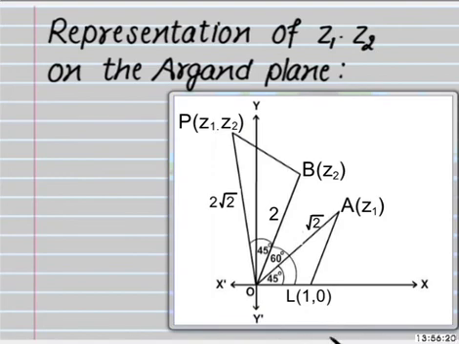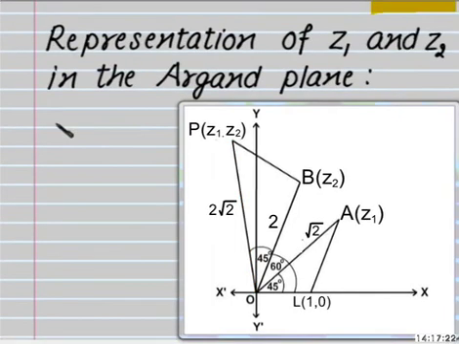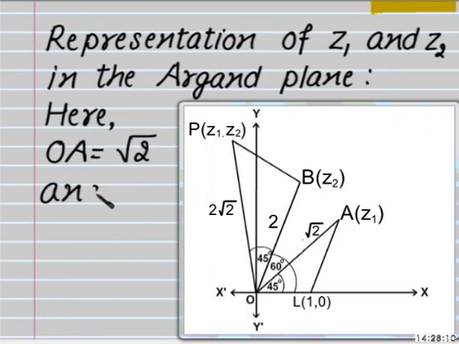As the sides of these similar triangles OAL and OPB are in the ratio 1 by 2, that will provide OP is equal to 2 into square root 2. So here OA equal to square root 2 and angle AOX is equal to 45 degrees.